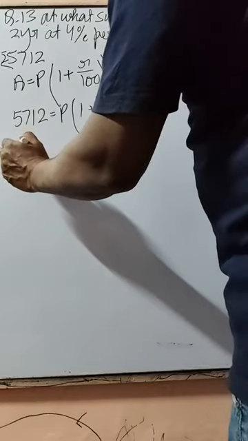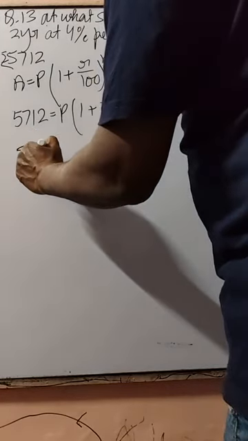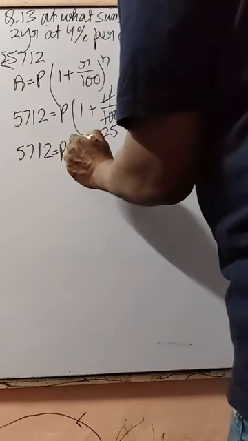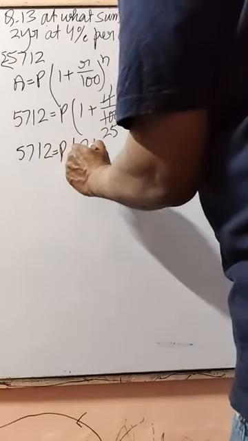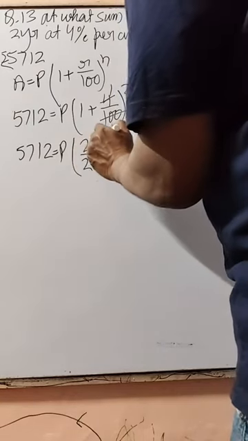So we get 5,712 is equal to P bracket 26 upon 25 whole square.